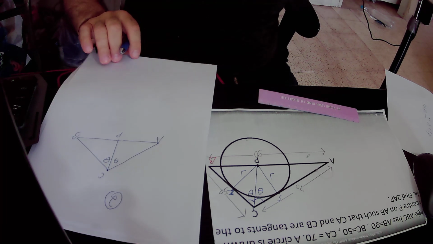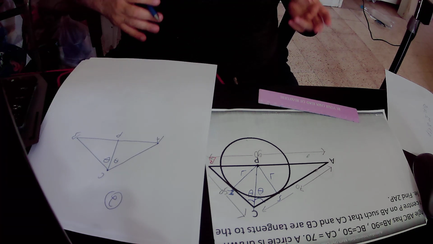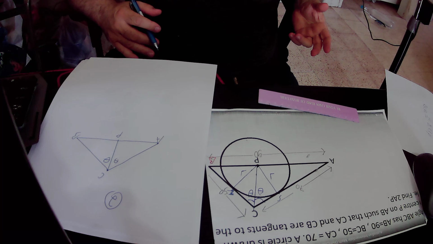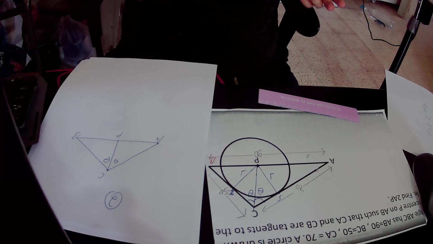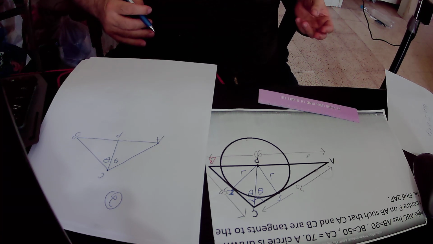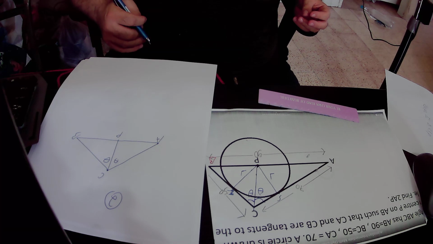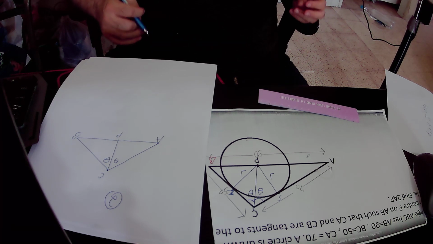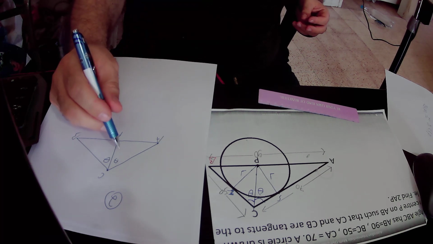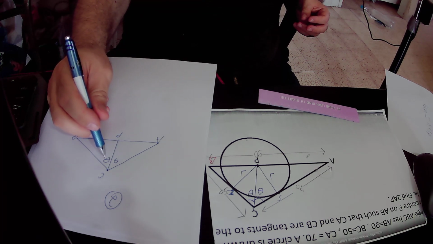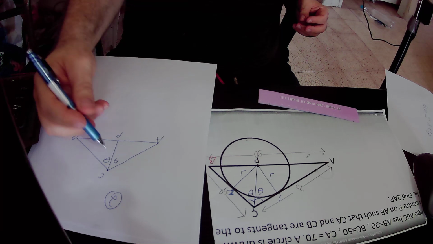Okay, so in triangle ABC, line CP bisects angle ACB into two equal angles. This angle is theta and this angle is also theta.